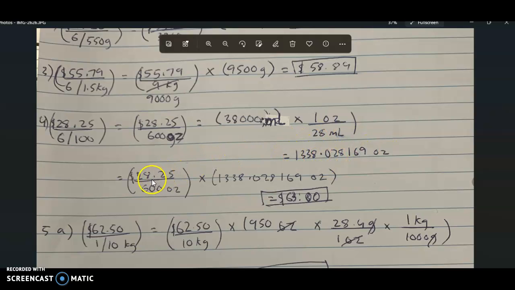So the next step is I would do 28.25 divided by 600 times 1338.028169. I will use all the number. And when I did that, I got 63 as my answer.